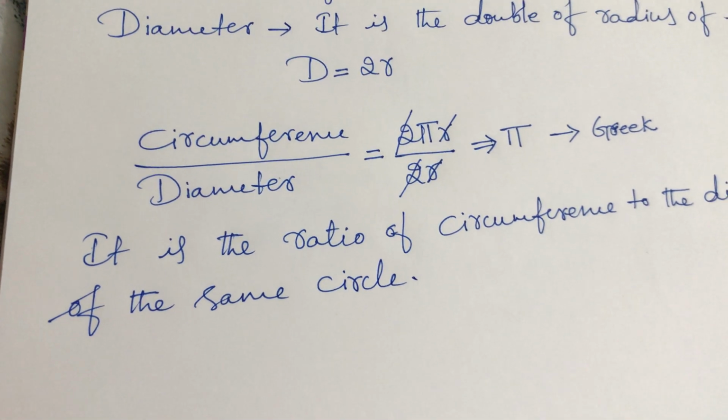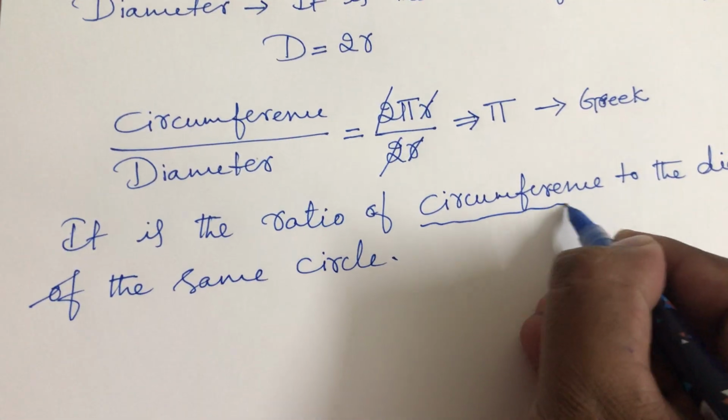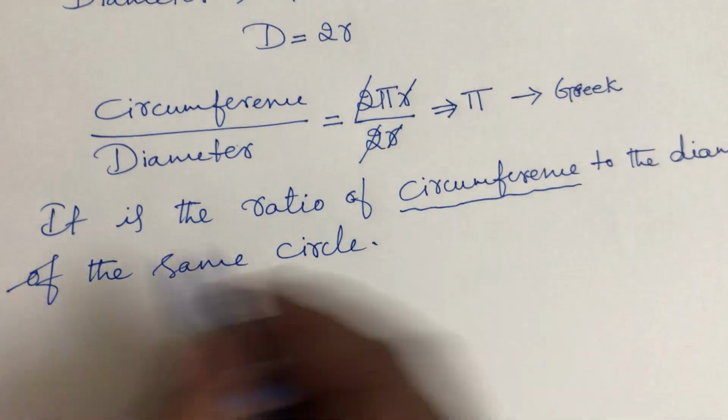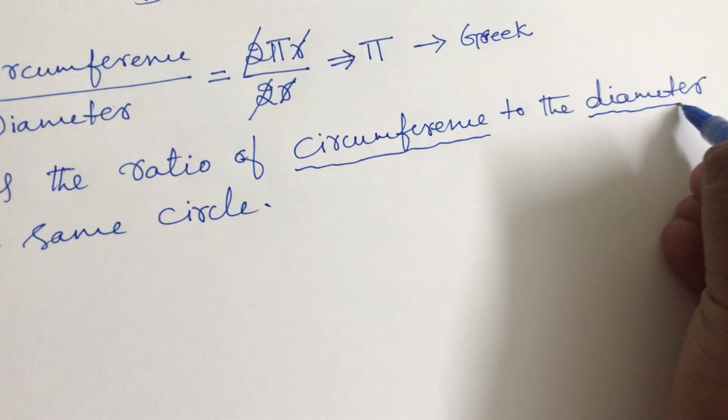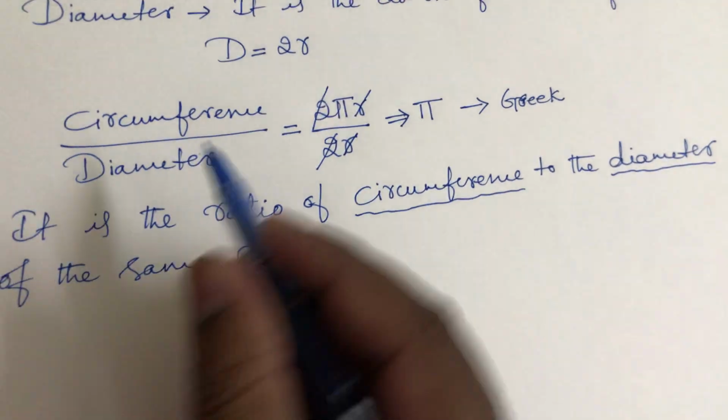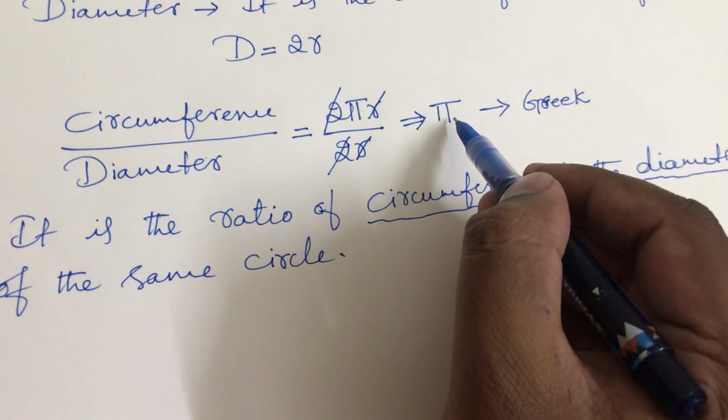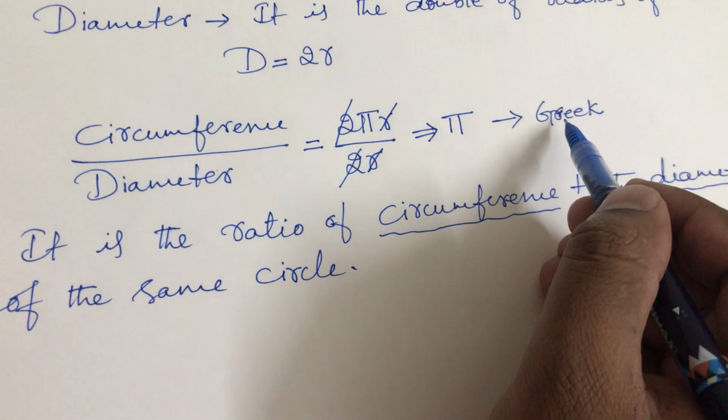Here we have to remember that circumference is nothing but the perimeter or the boundary, and diameter is nothing but double the radius. If you divide both of them, we will get pi. It is a Greek alphabet.